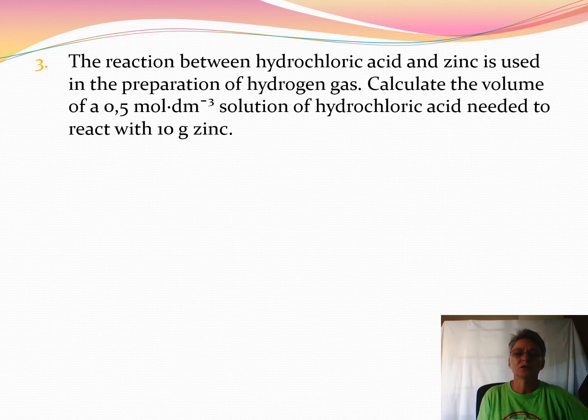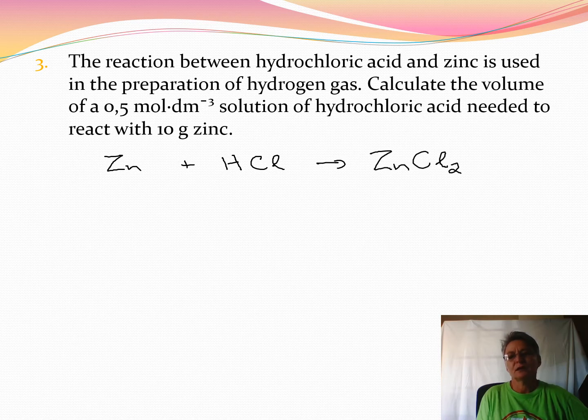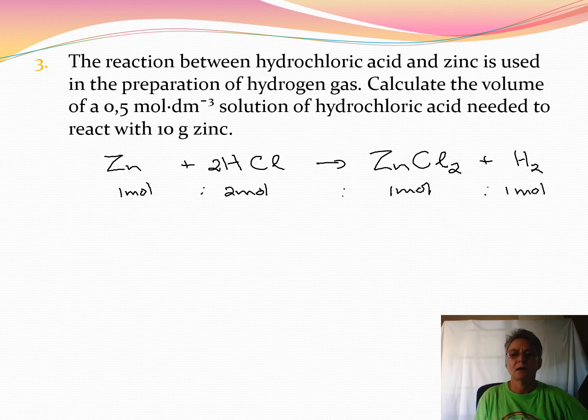So let's first start with our balanced equation. Zn plus HCl goes to ZnCl2 and H2. To balance the equation, I need 2 moles of hydrochloric acid. So 1 mole of zinc needs 2 moles of hydrochloric acid to give us 1 mole of zinc chloride and 1 mole of hydrogen.